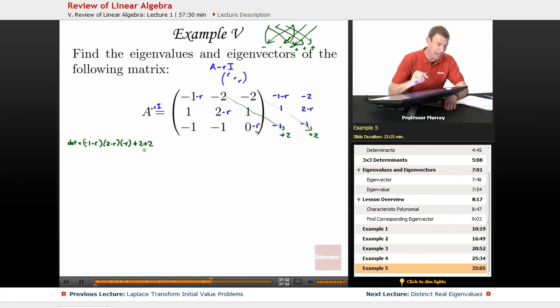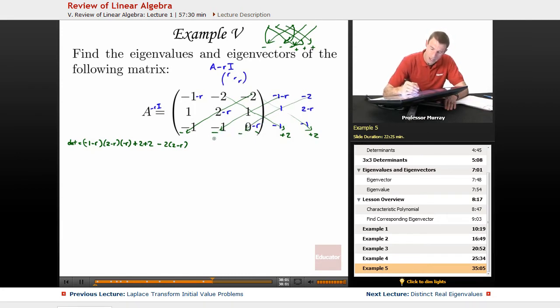And now I'm going to work the back diagonals. So that back diagonal right there, remember it's negative, and I have 2 other negatives, so the whole thing is negative. So -2 times 2 minus R. That's that first back diagonal. That second back diagonal, again, remember that each one of these is negative, or at least we're going to multiply it by -1 and then see what it comes out to be.